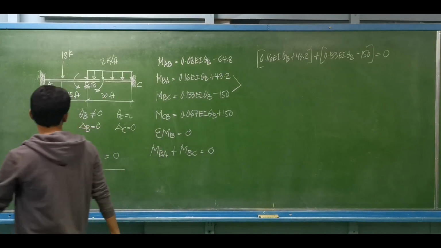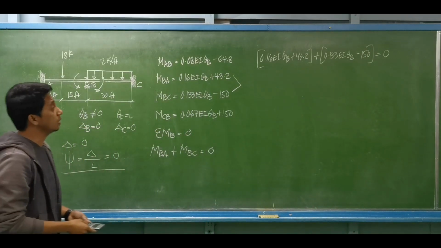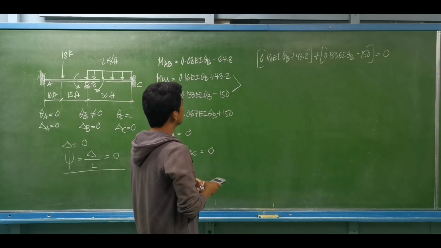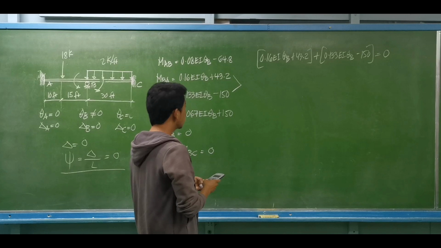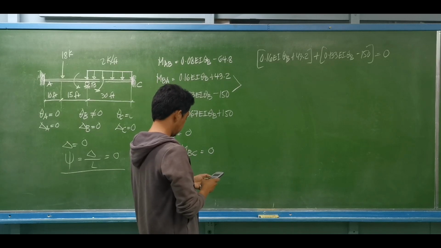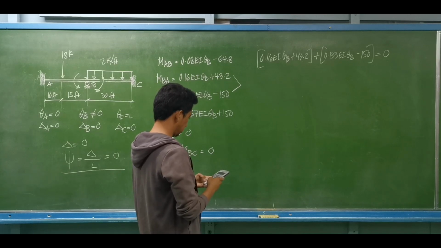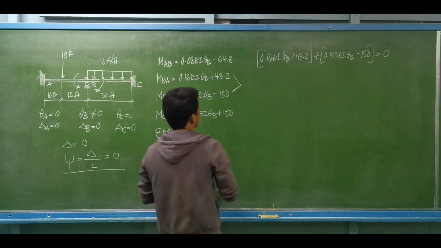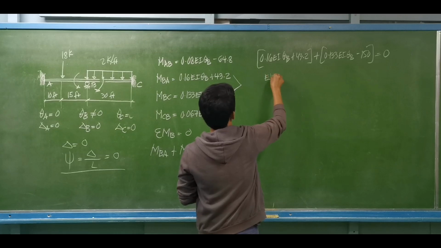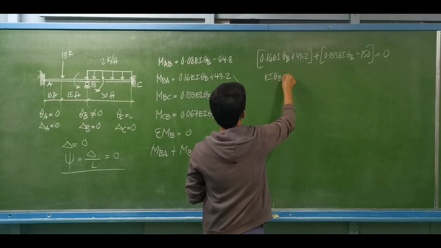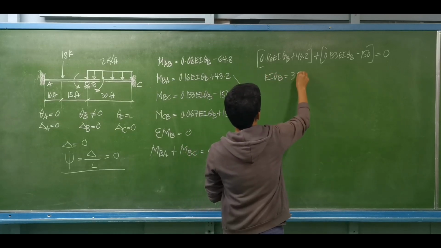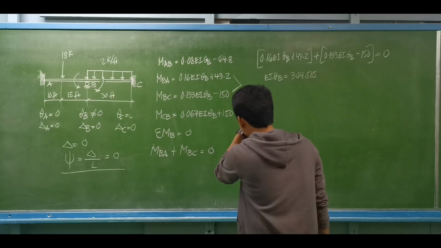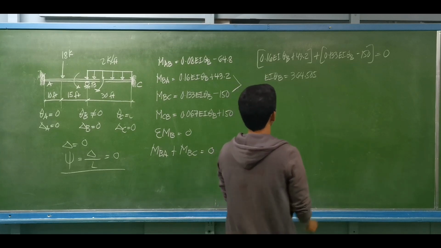So let us compute for the equivalent of EI theta sub B. EI theta sub B is equal to 364.505.